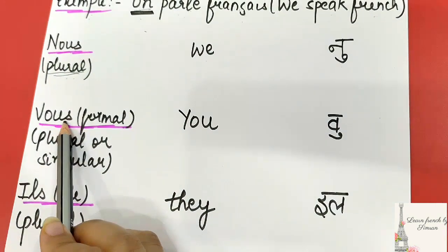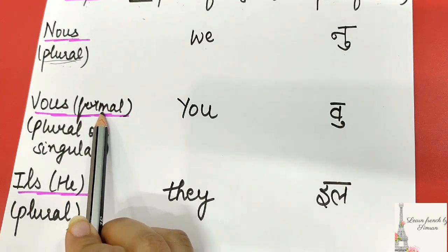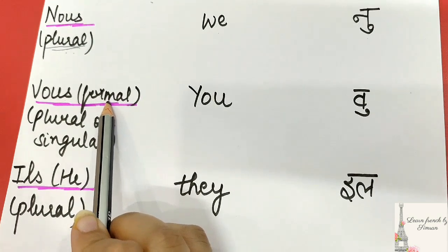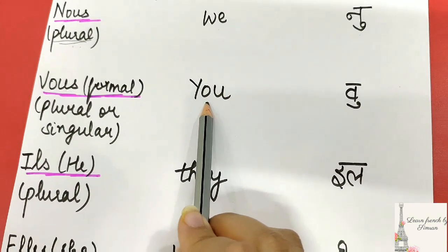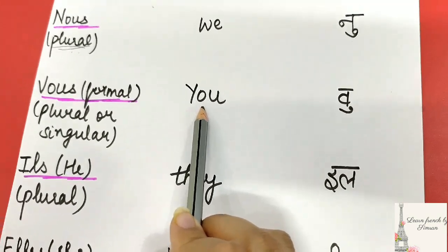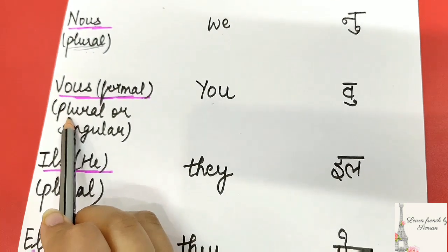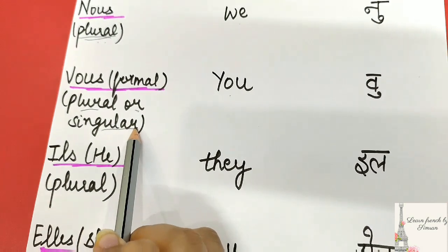Our next personal pronoun is "vous," and I have written in the bracket that it will be used in formal situations, and the meaning of "vous" is you. It can also be used as plural or singular.